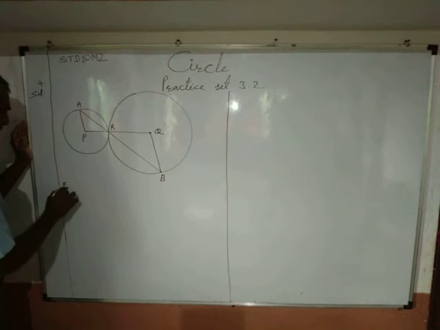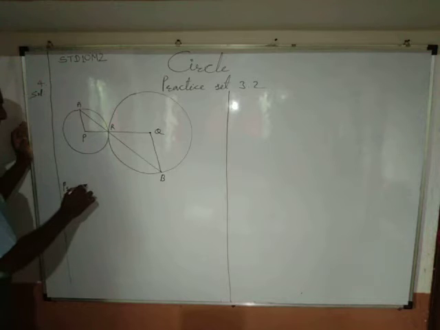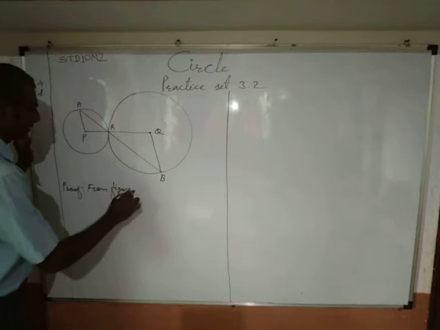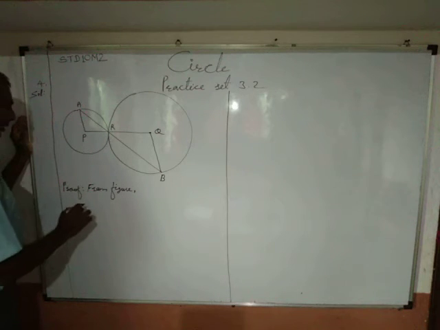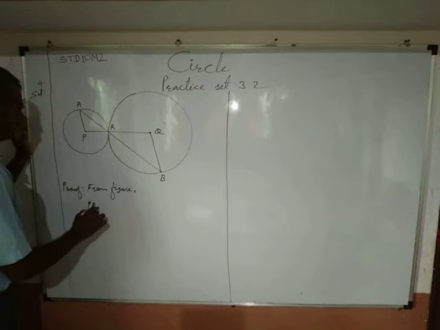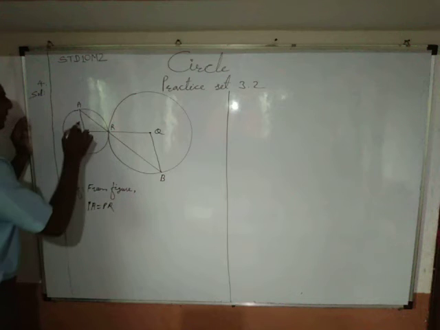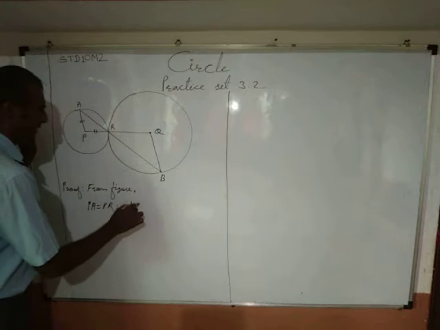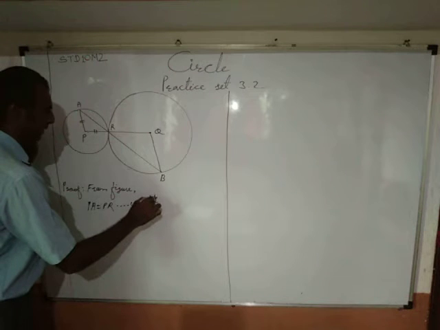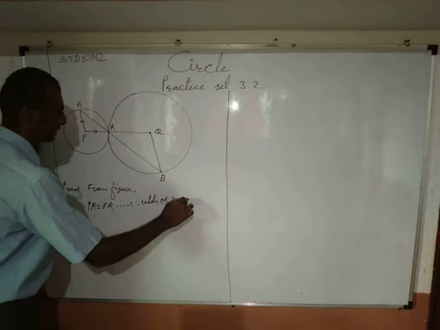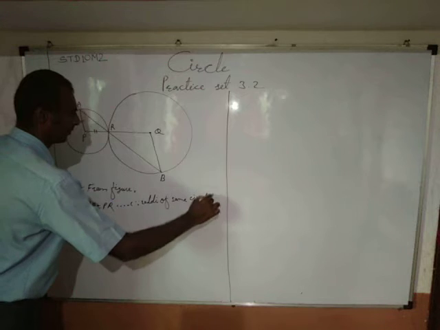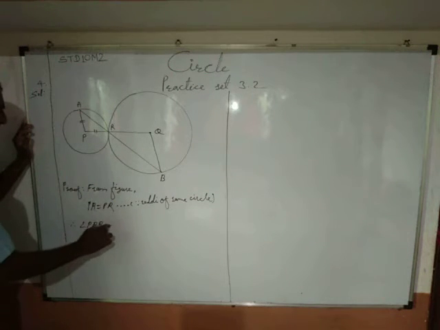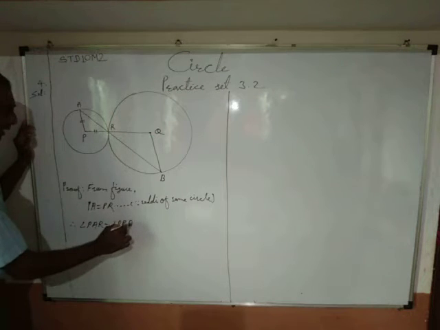Proof. From figure, PA equals PR, since radii of the same circle, and therefore angle PAR equals angle PRA.